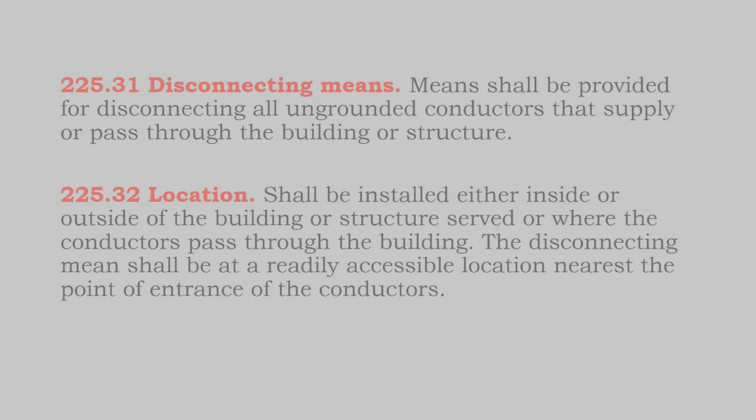The disconnecting means shall be at a readily accessible location at the nearest point of entrance to the conductors. Well, is a rooftop readily accessible? No, you need a ladder to get up onto it.